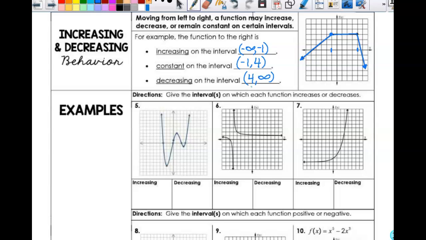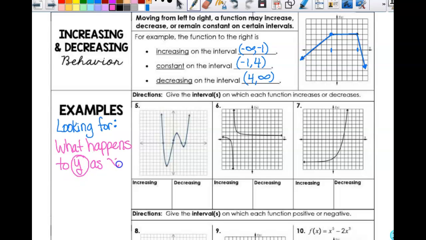so here's what I want you to jot down over here. What you are looking for is what happens to y as x increases.